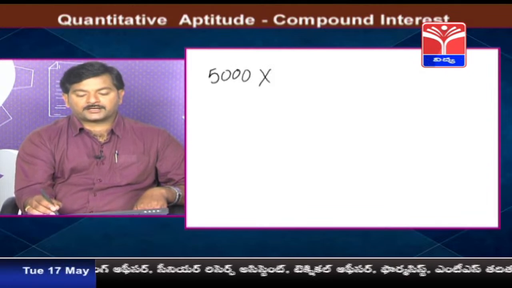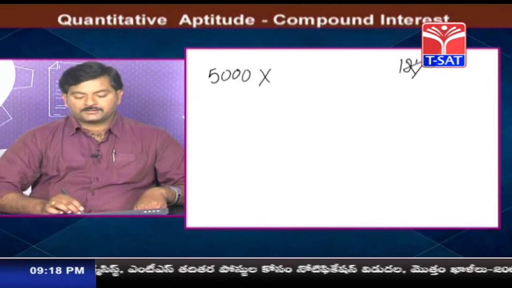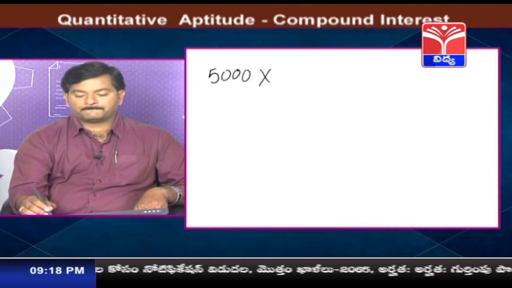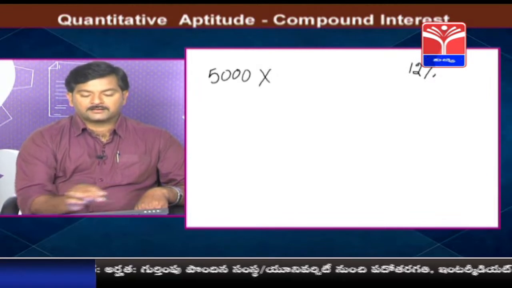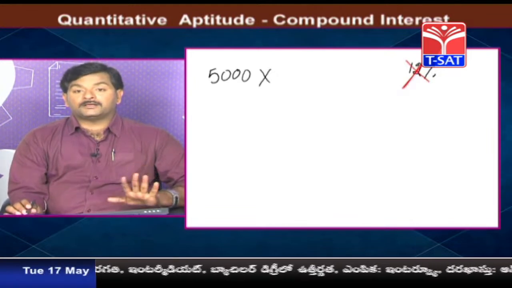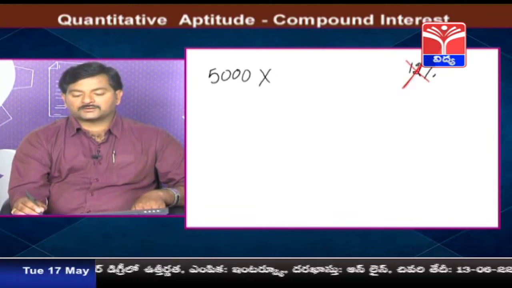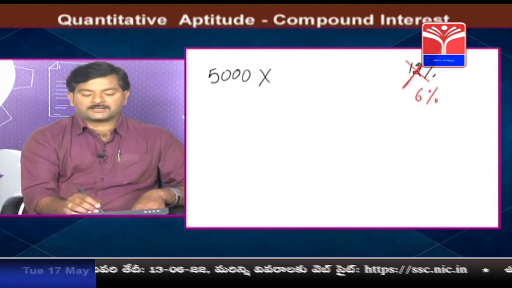Here you should not take 12%, because I told you 12% is only for yearly, but he asked you to find for half yearly. That's why it must be 106.